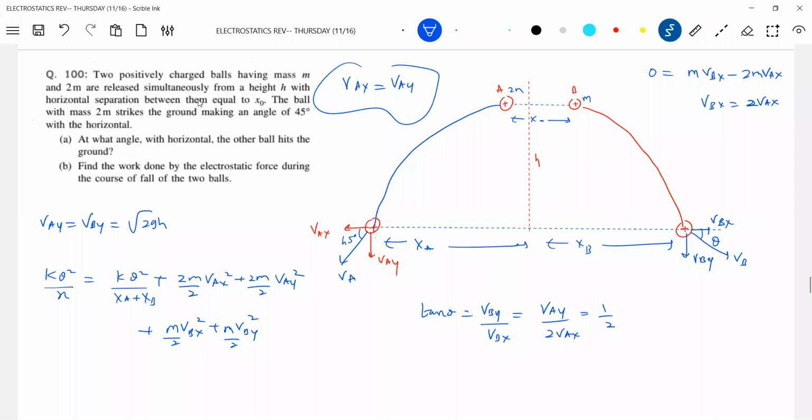Find the work done by electrostatic force during the course of fall of the two balls. Change in gravitational potential. I think you can do one thing, KQ square, no need to get into any of the calculations. Keep it here. So this everything is what? The change in kinetic energy, no?